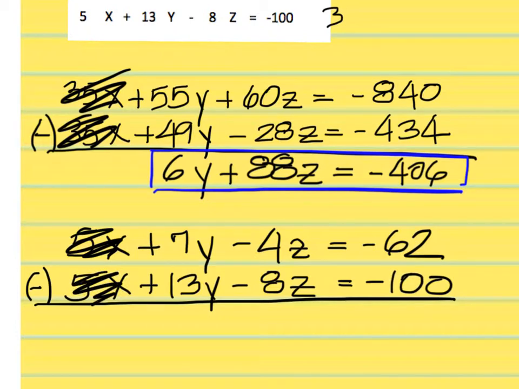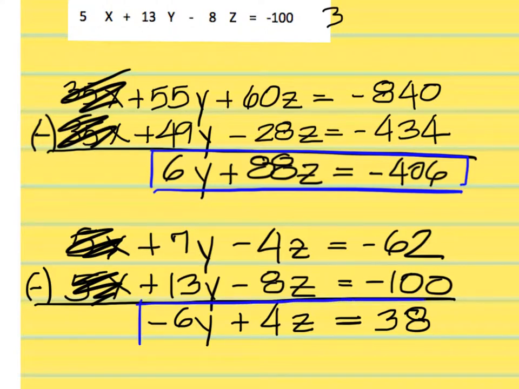But 7y minus 13y is a negative 6y. And then we have negative 4z minus a negative 8z. That's plus 4z. And negative 62 minus a negative 100 is going to be a positive 38.